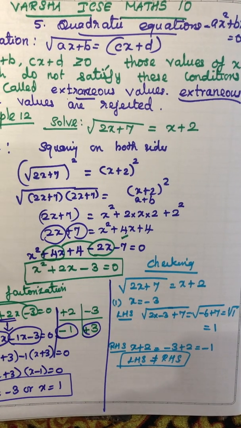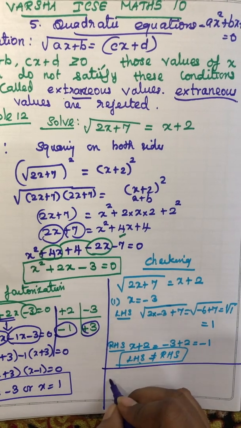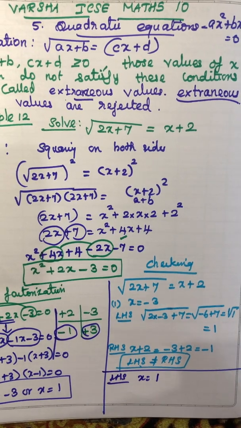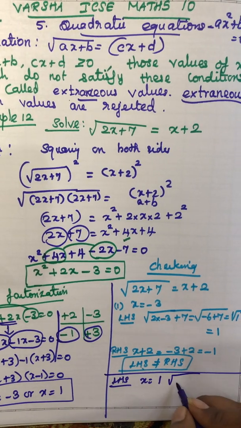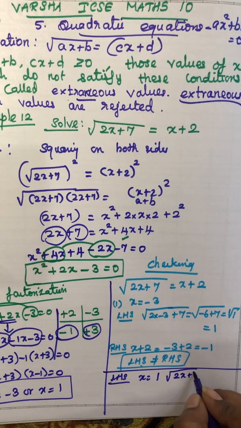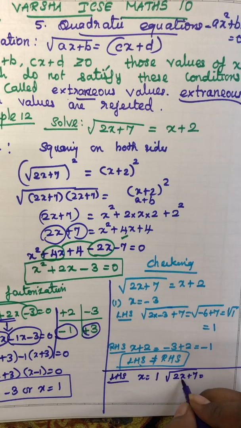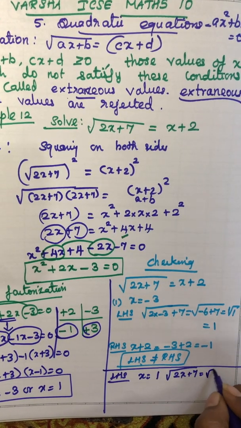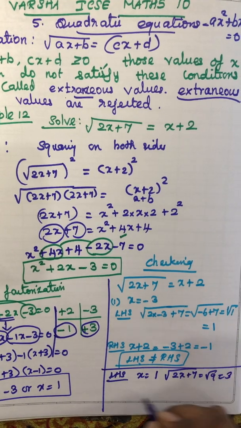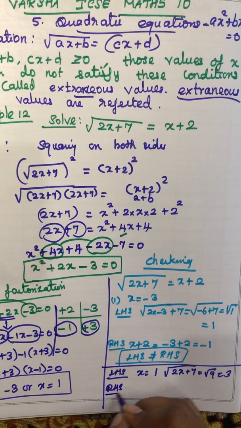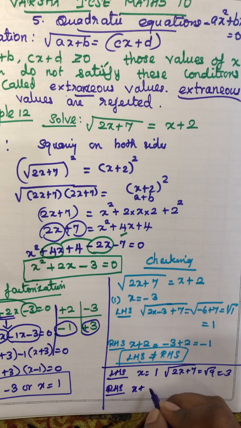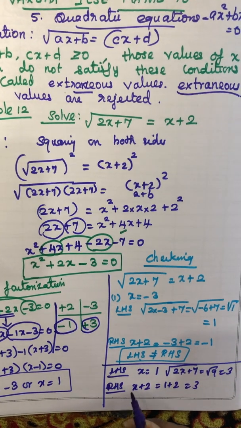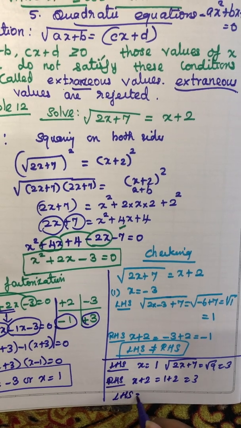Now we can check for 1. See, LHS: substitute x is equal to 1. So this is root of 2x plus 7. If you substitute 1 here, 2 into 1 plus 7, that is root 9, that is 3. So what is our RHS? x plus 2. When you substitute, this is 1 plus 2, you get 3. See, for 1, LHS is equal to RHS.